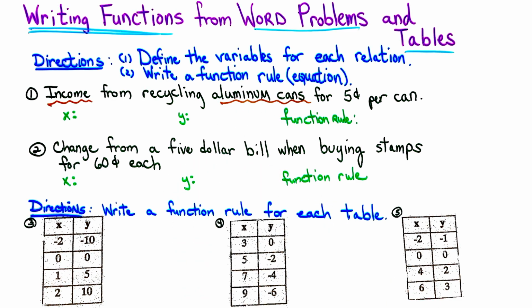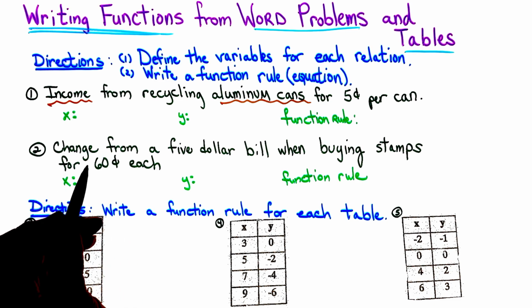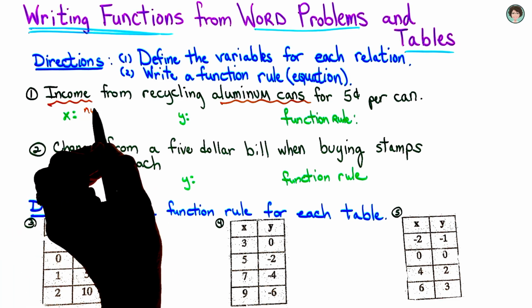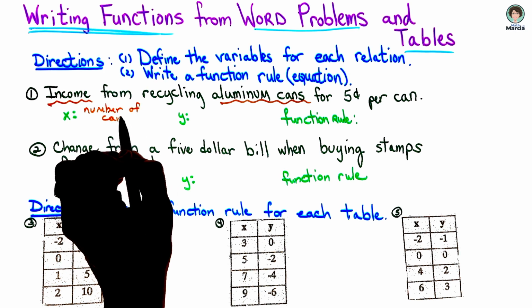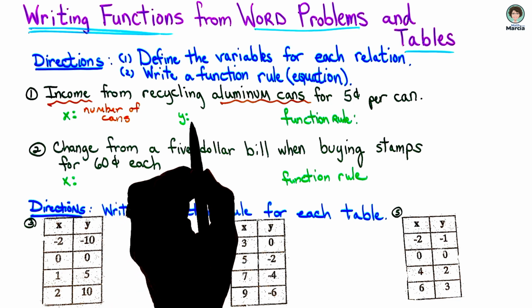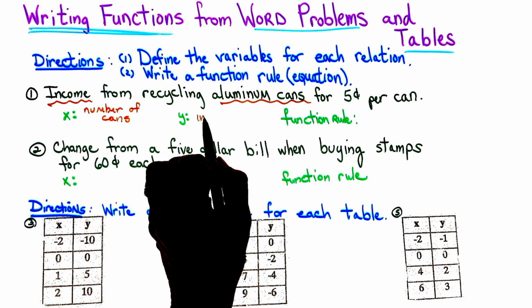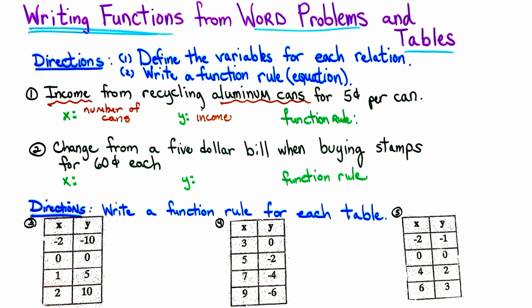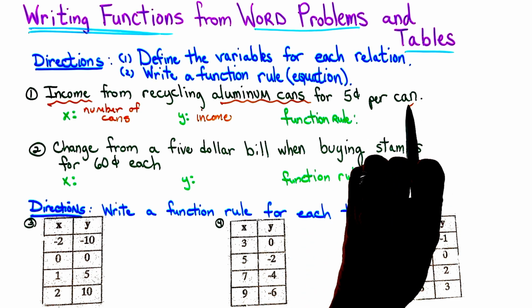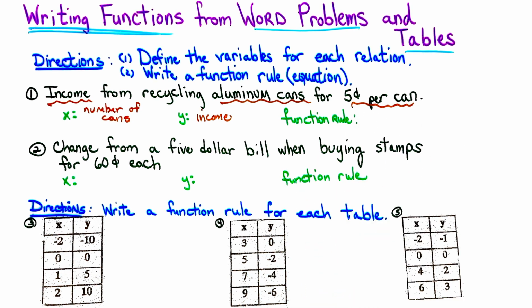So when we're looking at this, for our X, it's going to be the actual number of cans, and Y is going to be our income. So when we're writing the function rule, what we need to also include is that 5 cents per can, so we can figure how much money we will have made.